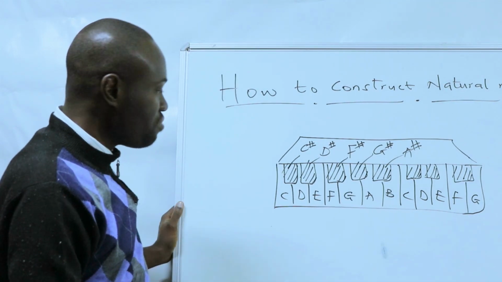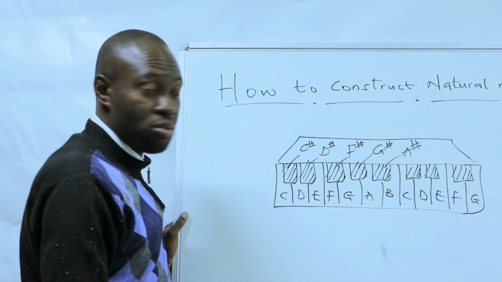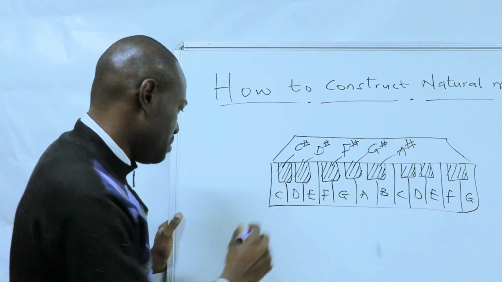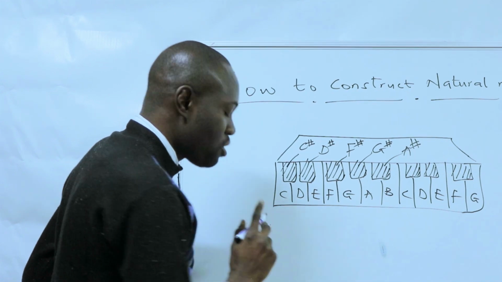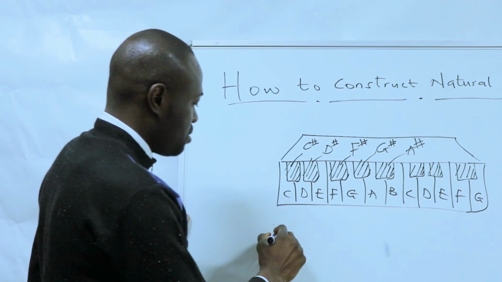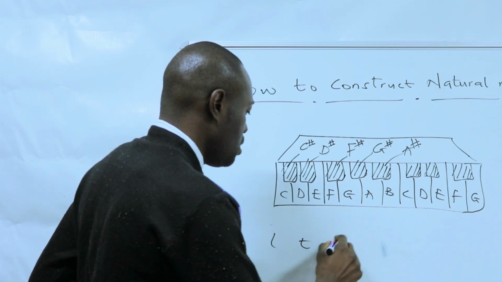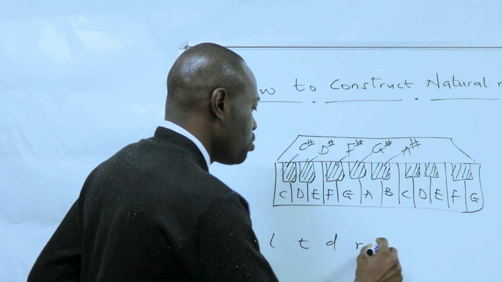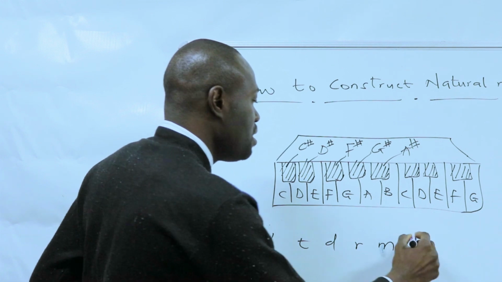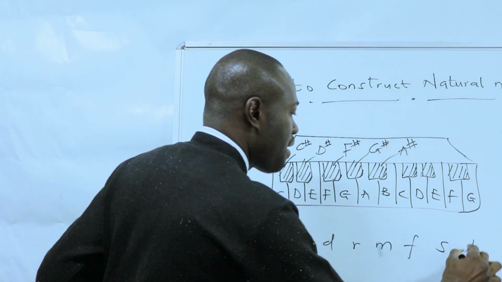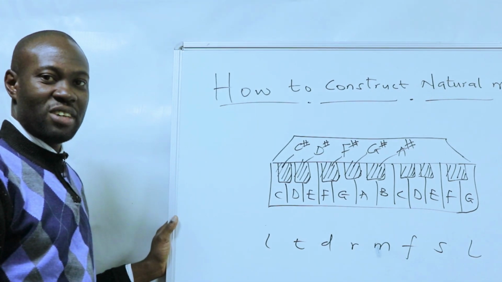All right. Now, here's the formula for constructing the natural minor scale. The tonic of our first is La, Ti, Do, Re, Mi, Fa, Sol, La, right?